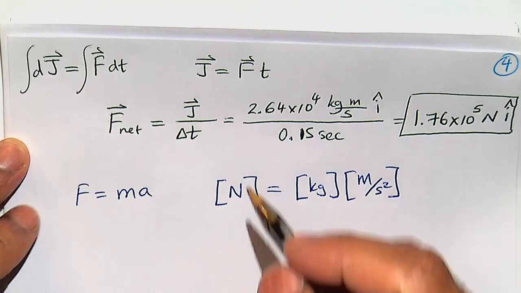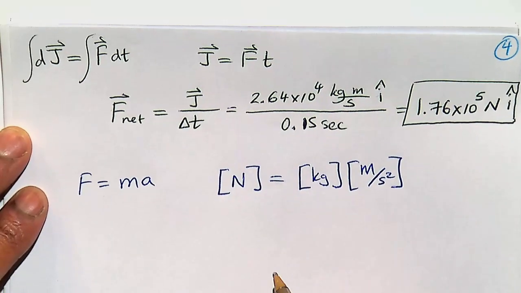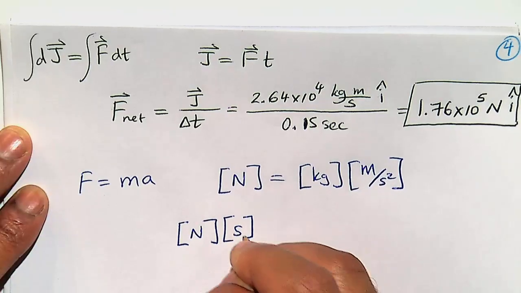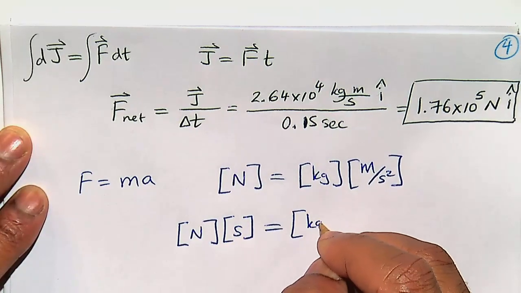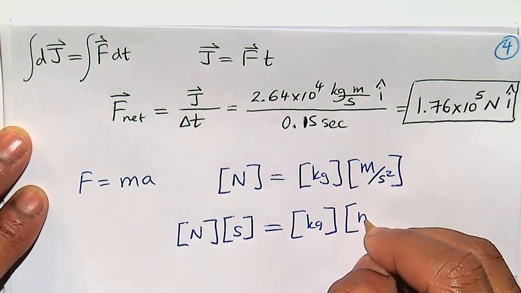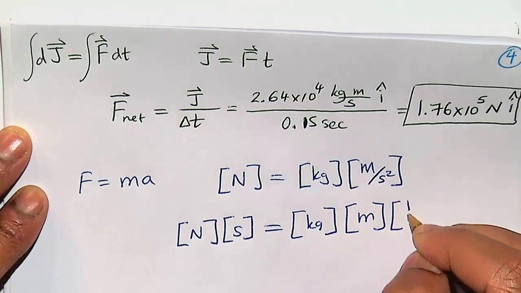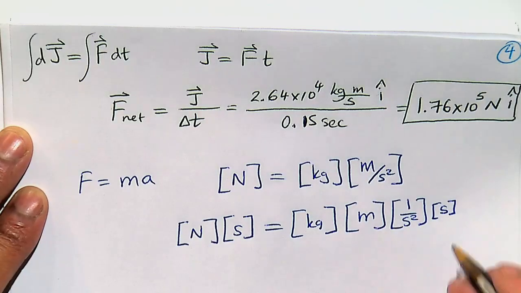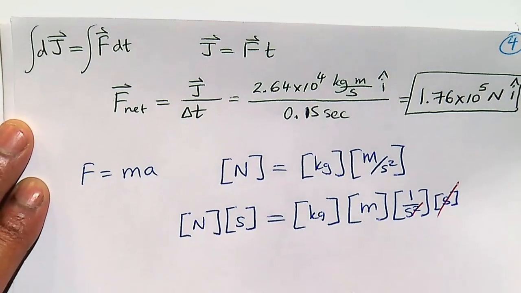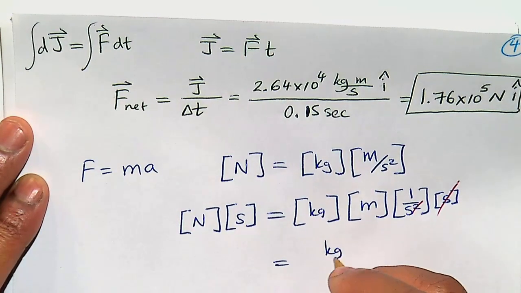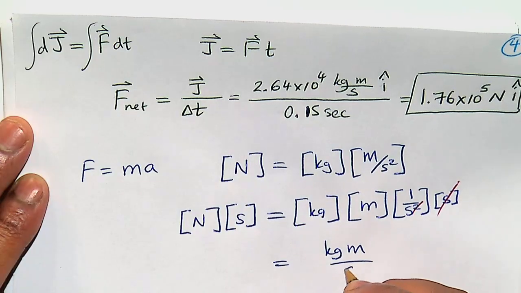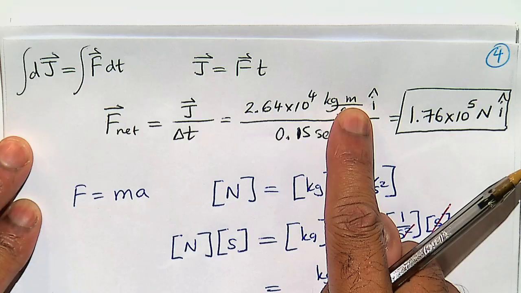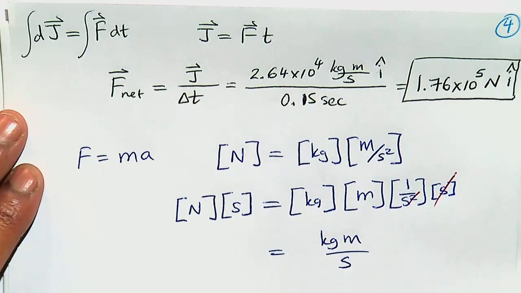So if you have a force times time, a newton times seconds, that's equal to kilograms meters, with a 1 over second squared and a seconds being multiplied, so the seconds cancel, and what you have is kilograms meters per second, which is what we had before for impulse and momentum. Does that make sense?